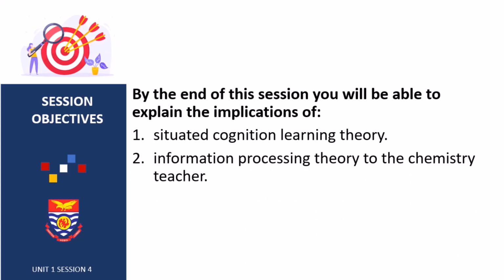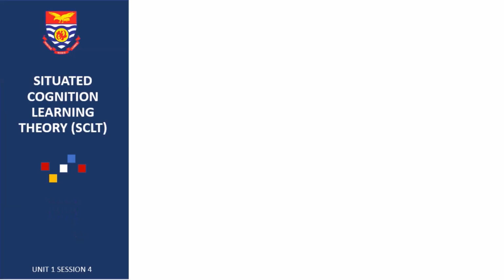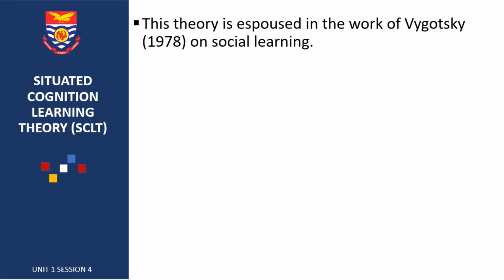So now let's start with the situated cognition learning theory, the SCLT. Now this is the work of a Russian psychologist called Vygotsky. He also did a lot on learning among children.